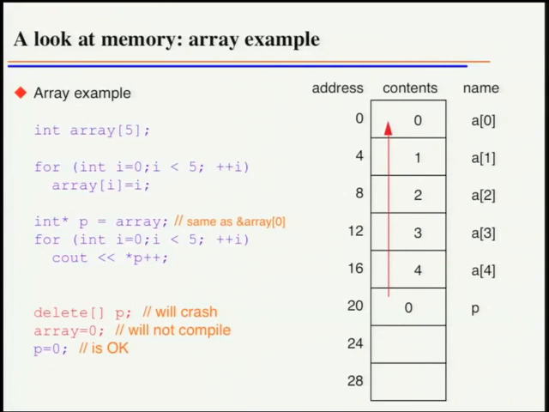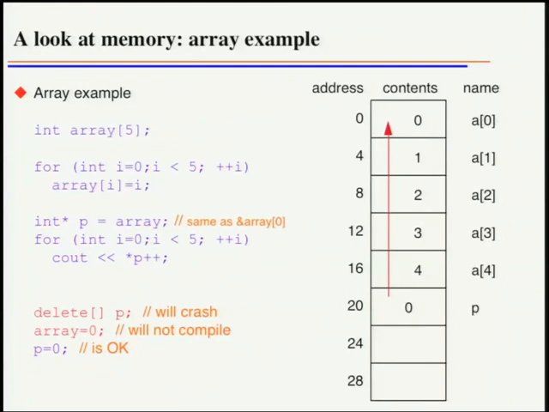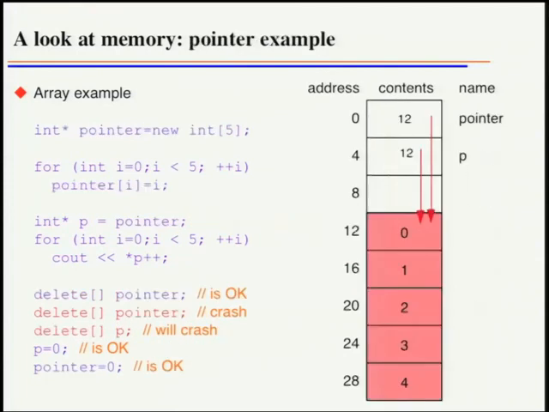After stepping through the whole array, now we declare a pointer P, which is another variable, but it's a pointer variable containing the address of the start of the array, which is 0. And now we can set p to point at those different elements, which we did here. Okay.